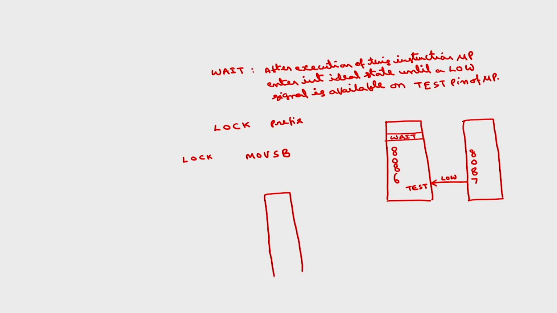So, the common bus of the 8086 can be shared by different processors. This will be shared by processor 1.